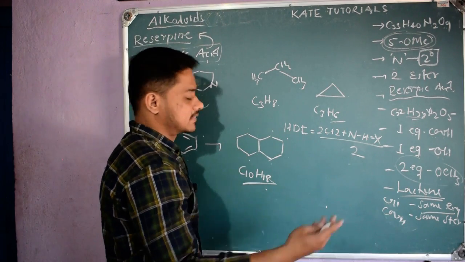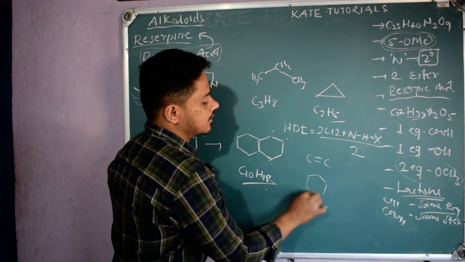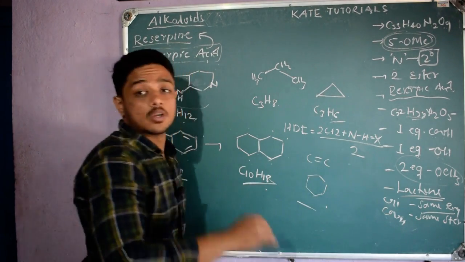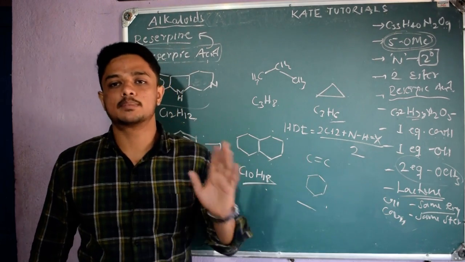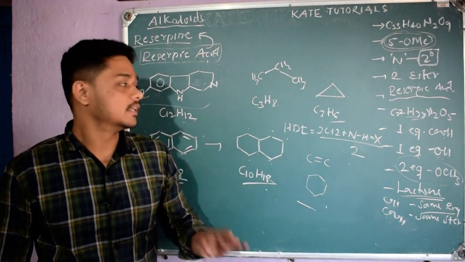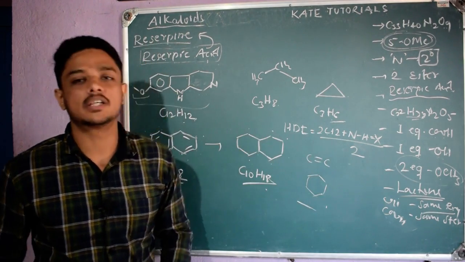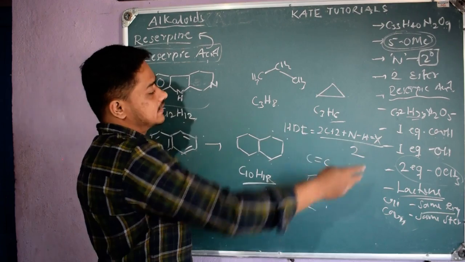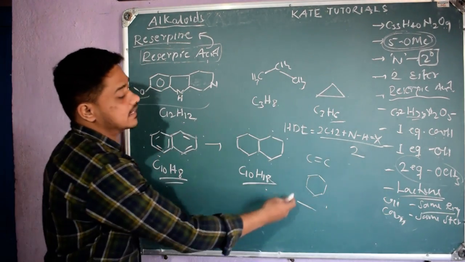From that we can tell whether it has unsaturation, whether it has a ring, whether it is saturated, everything. We will study this again in NMR spectroscopy, proton NMR, where we also study the hydrogen deficiency index. From that we can tell whether it is a ring, a saturated chain, or an unsaturated chain.